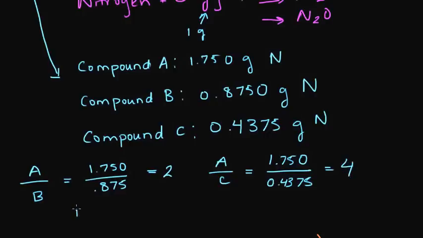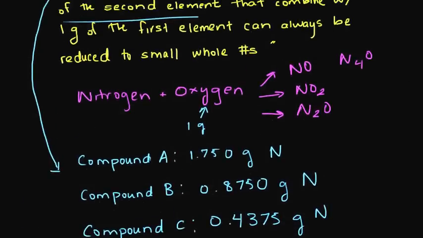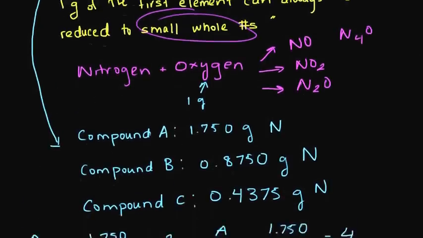Alright, what about B to C? Well, B to C is just going to be 0.875 divided by 0.4375. And that is equal, again, to 2. So, when we refer to small whole numbers, this is what we mean.